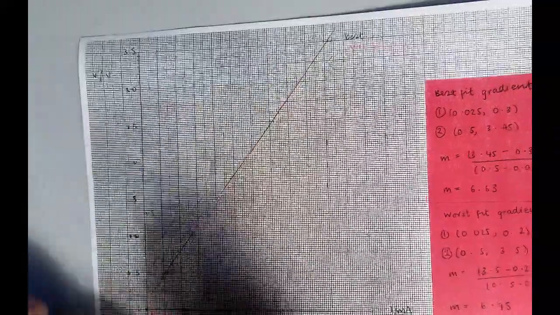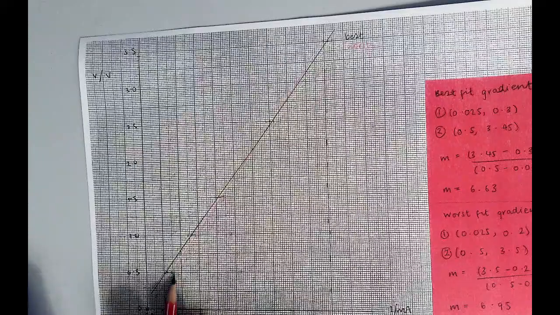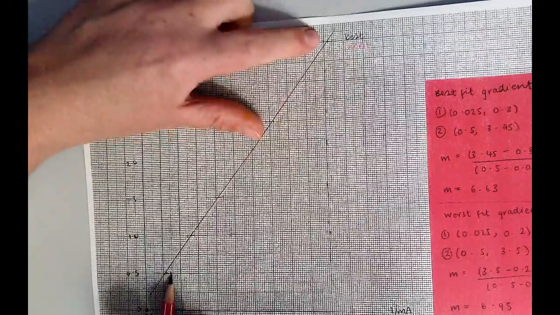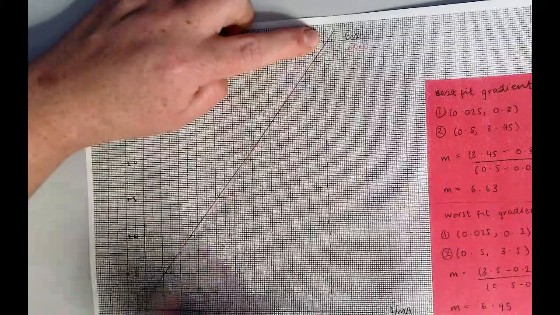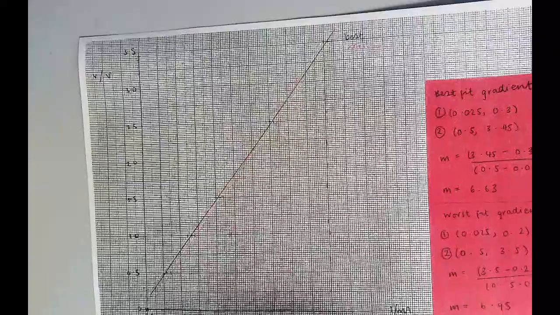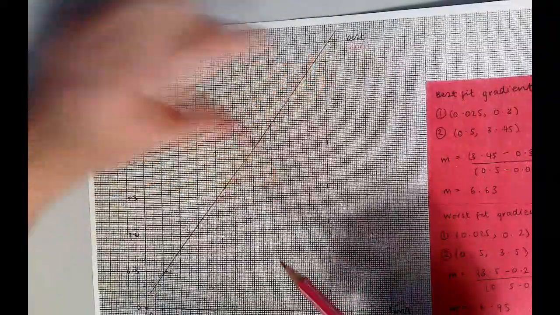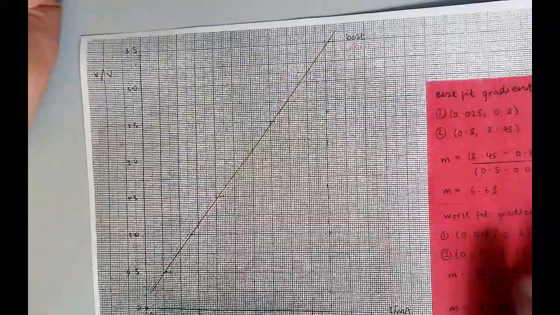And then for steepest I'm going for the extremity on the other side, so the far right of the bottom error bar to the far left of the top, and again straight line through, all error bars still lie on that line. So all three of these are valid because they all pass through all error bars.